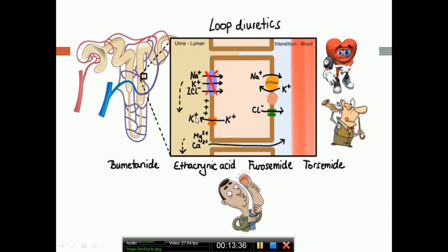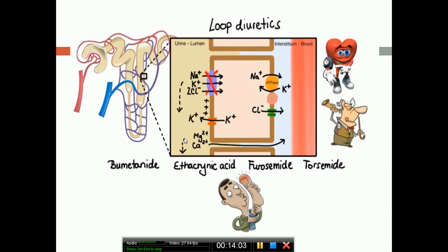This potassium was again being carried through this. This goes here, then this comes here, this goes back. So this is called potassium recycling. Once this recycling is disturbed, the lumen positive charge will also be disturbed, and this will cause excretion of magnesium and calcium into the urine.